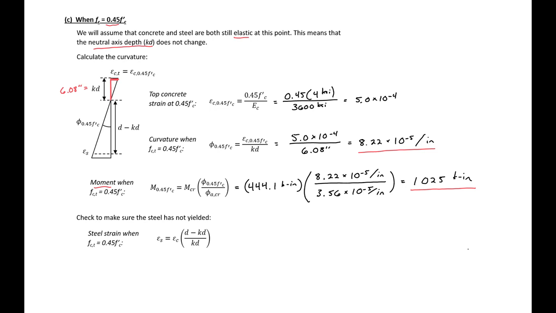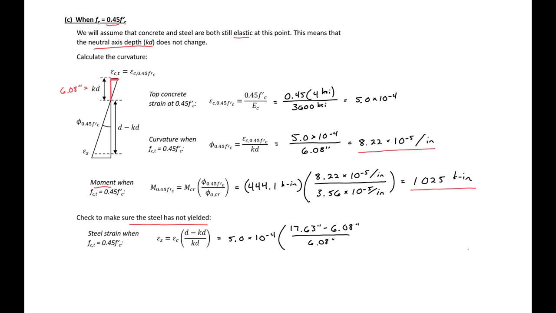The last thing that we need to do here is make sure that our steel hasn't yielded. So we'll check the strain at the level of the steel. And this will just be equal to our concrete strain, which we found at the top, times 10 to the negative fourth, times d, 17.63, minus kd, 6.08, and then divided by kd, 6.08.